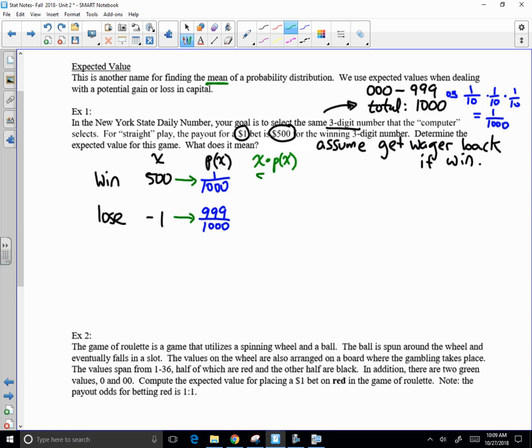You get 500 over 1,000. You get negative 999 over 1,000. And then we add the numbers together. That gives us negative 499 over 1,000, which goes to decimal form as negative 0.499.